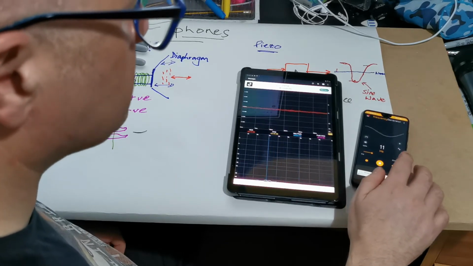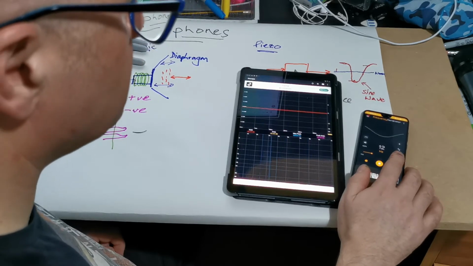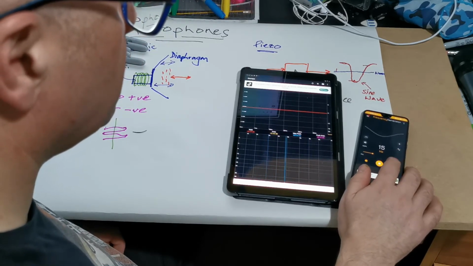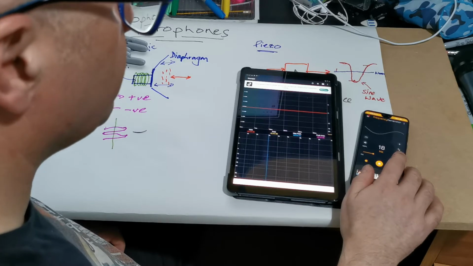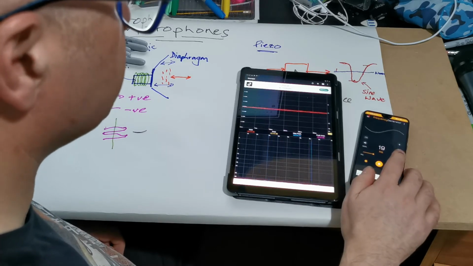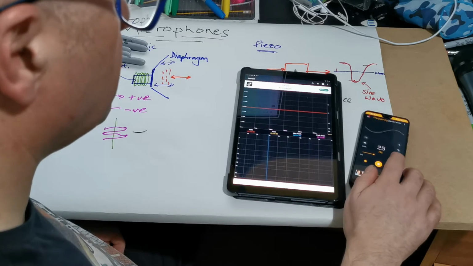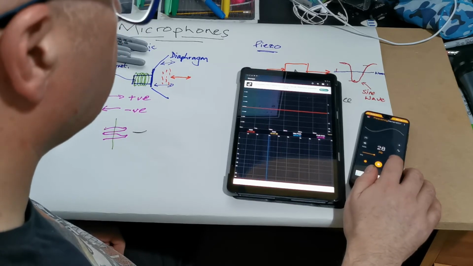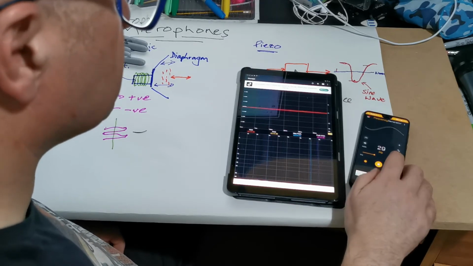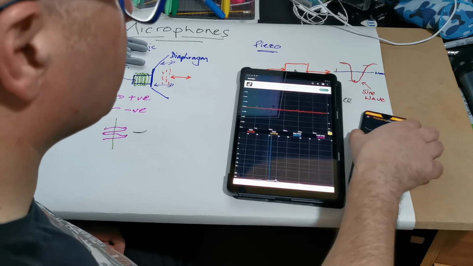Generally our hearing picks up about 22 Hertz. You can see that wave getting faster and faster. I can start to hear that here, but you probably can't just yet.